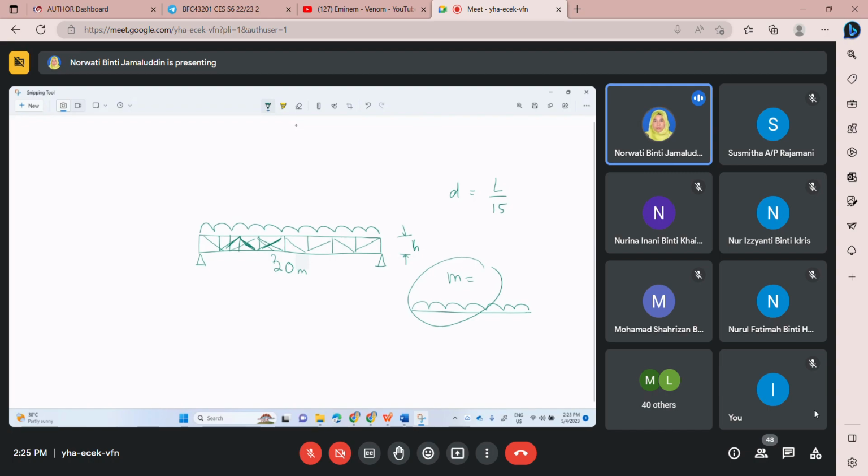Because for a long truss, of course, deflection is quite crucial. It may control your design, so you need to pay more attention to the allowable deflection here.